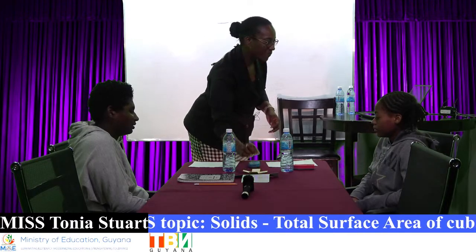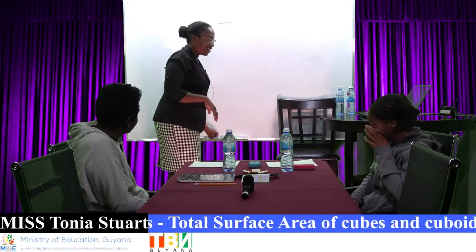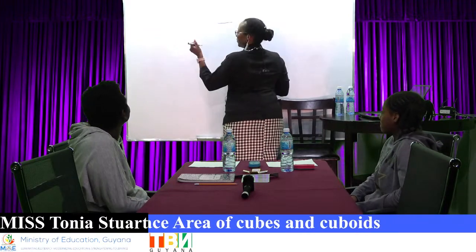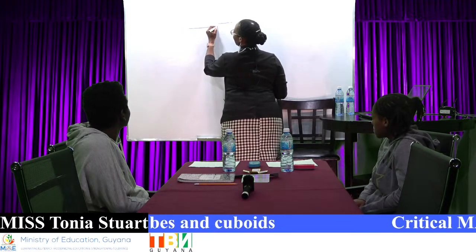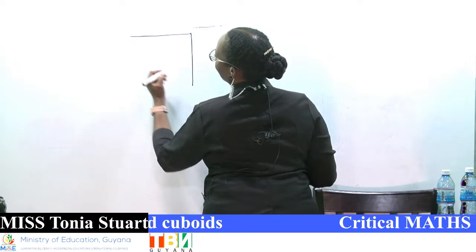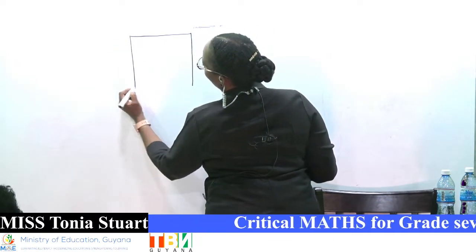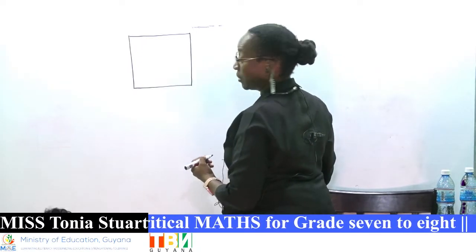Okay? Good, prepare. Are you looking a little worried? Not to be worried. Just try to recall. So, assuming that this is of equal dimension, it's not drawn to scale. Hopefully it looks like a square.